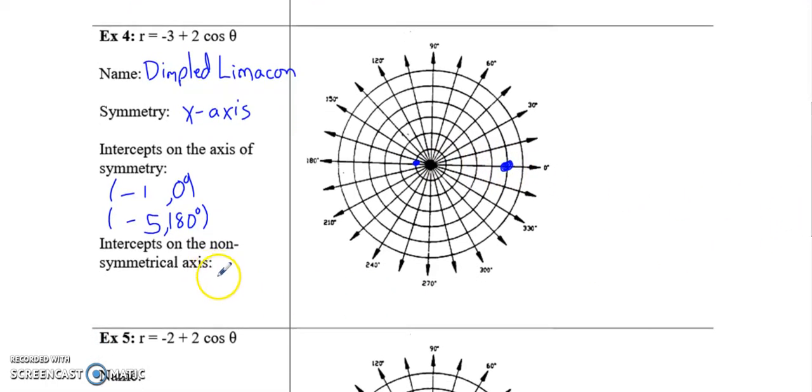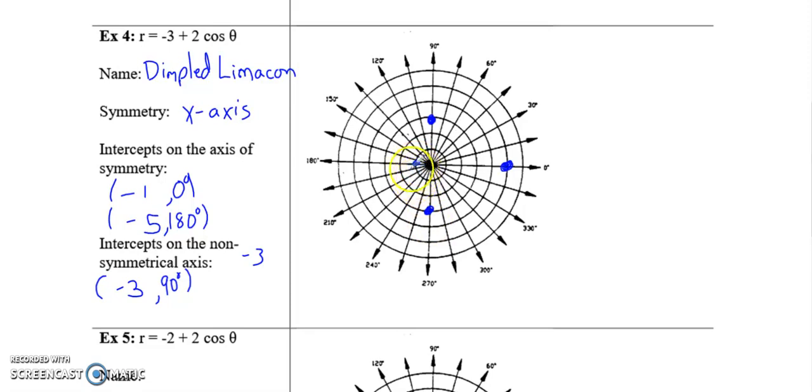Now you say, wait a minute, shouldn't that be -3? Well, it is, because on the y-axis, the cosine is 0, so 2 times 0 is boring, especially when you add it to -3. But if we actually plug in 90, cosine of 90 is 0, so -3 plus 2 times 0 is -3. Well, that is down here. And if we do the same thing for 270, we end up here. It doesn't look any different than if it was positive or negative, so it's not going to make a difference.